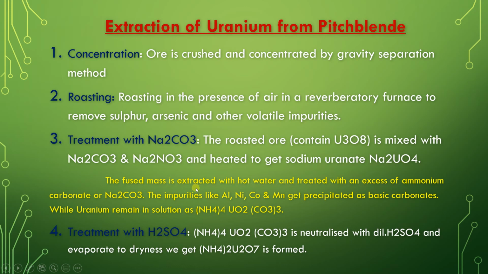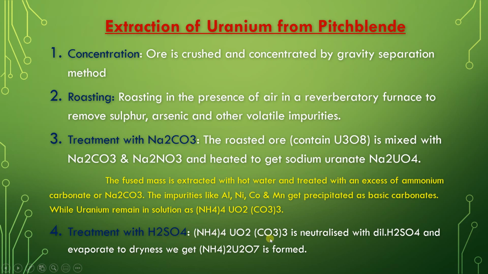Next, the fused mass is extracted with hot water and treated with an excess of ammonium carbonate or sodium carbonate. Then the impurities like aluminum, nickel, cobalt and manganese get precipitated as basic carbonates, while uranium remains in the solution as ammonium uranyl carbonate.